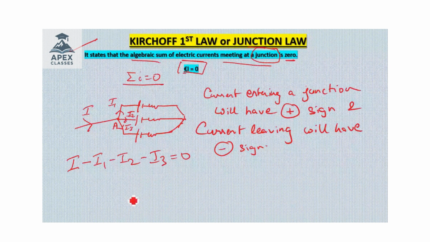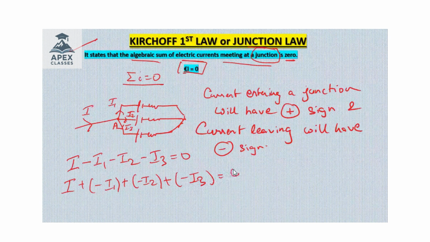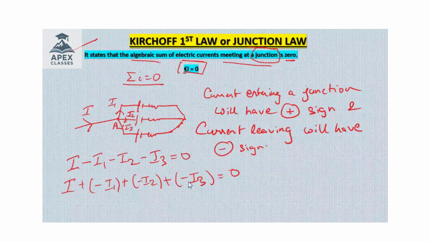Now you may ask, sir, where is the summation? Well, we can write it like this: minus I1 plus minus I2 plus minus I3. And that's how it says that the algebraic sum of electric current meeting at a junction is 0. Clear?